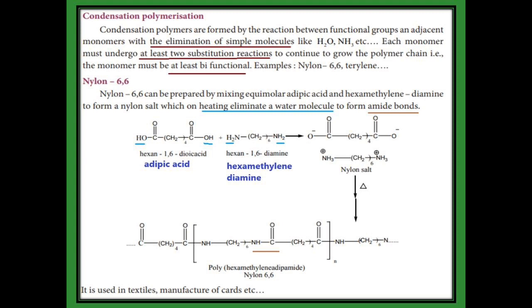This minus charge will attract the positive charge, so this is called nylon salt. Afterward, on heating the nylon salt, it gives polyhexamethylene adipamide, that is called nylon 6,6. It is usually used in textiles and in the manufacture of cords.